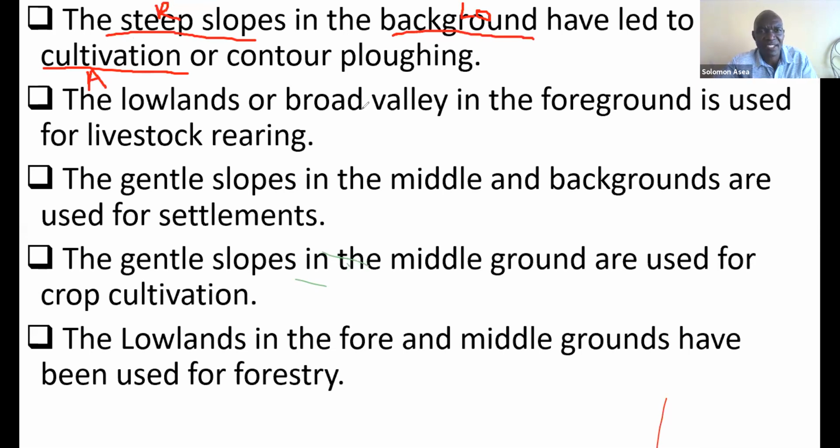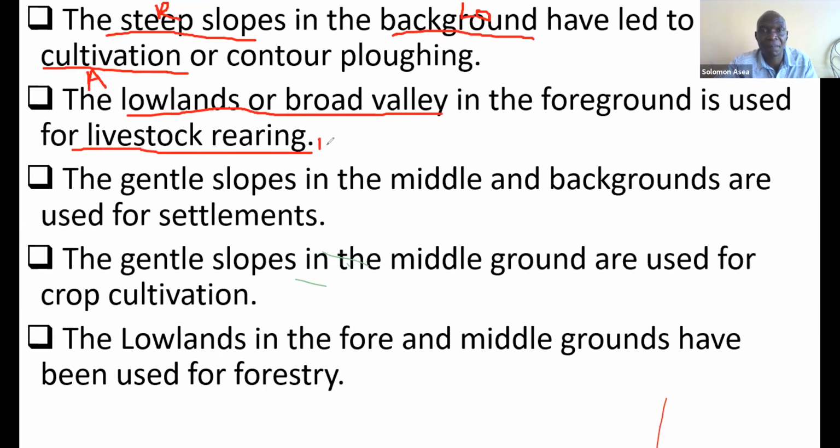Then the lowlands, or the broad valley in the foreground, is used for livestock rearing. The relief feature, what is relief? The physical feature is relief, which is the lowland, used for livestock rearing.